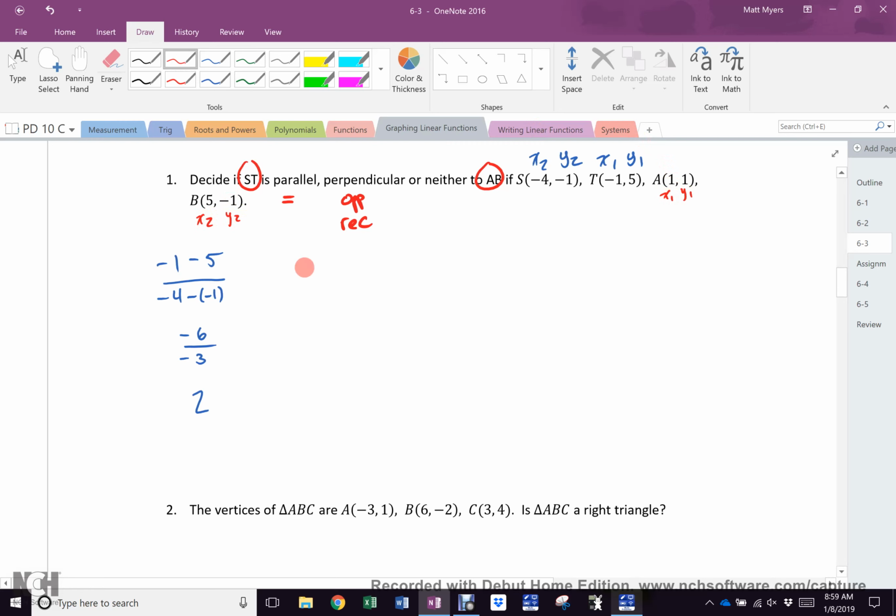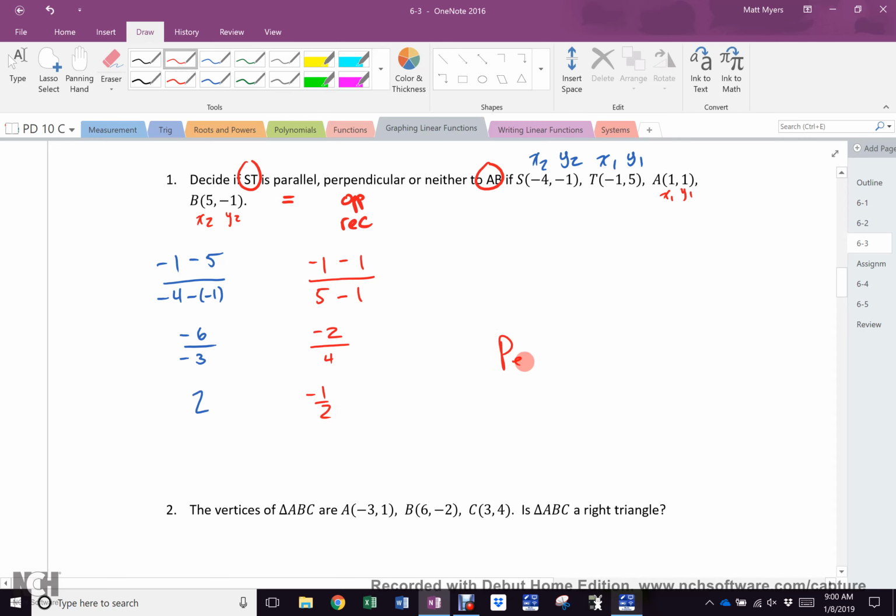So, y2 is what? -1 minus 1. y1, what is it? 1 over x2. 5 minus 1. -1 minus 1 is what? -2. 5 minus 1 is what? 4. -2 over +4 is negative 1/2. Are these parallel, perpendicular, or neither?